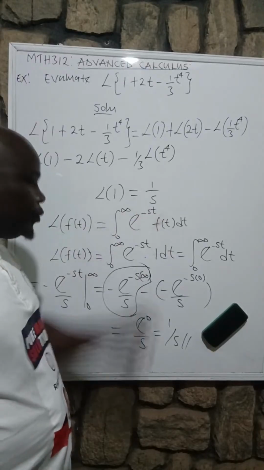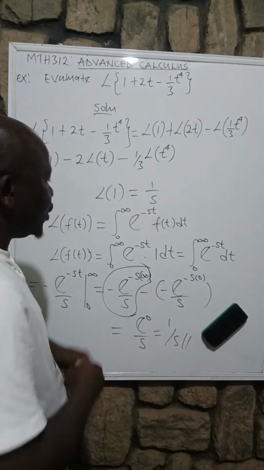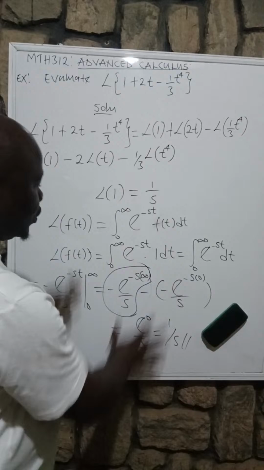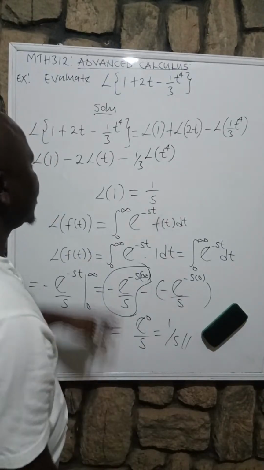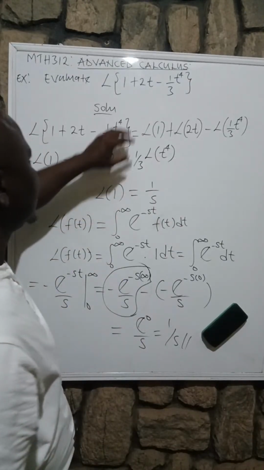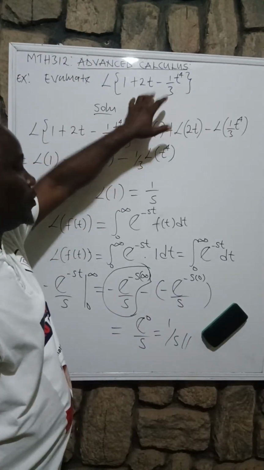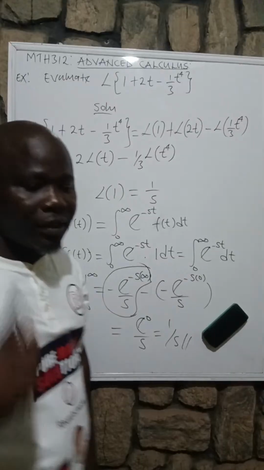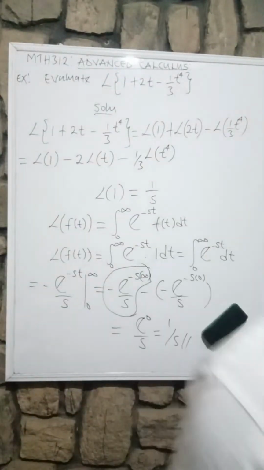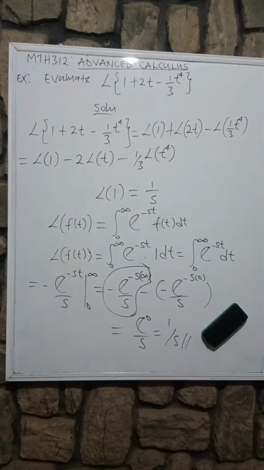So you are going to make use of these properties to solve Laplace transform questions of this one. Is that clear? Take notes. Are you following? Take notes. Do you agree with me?